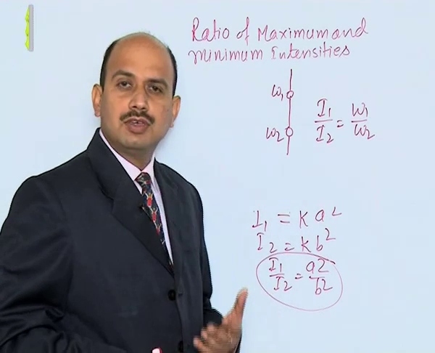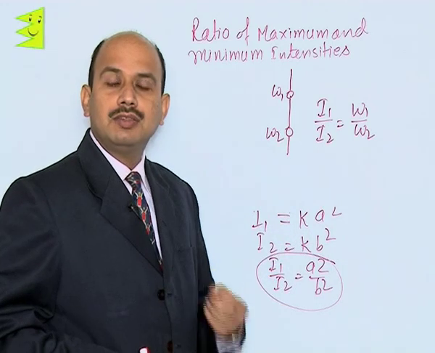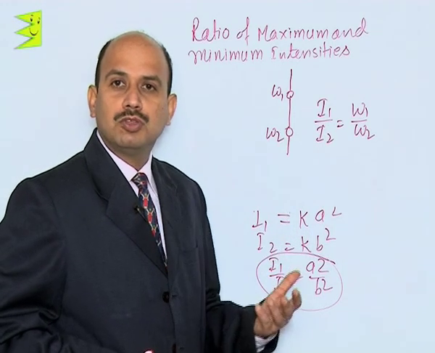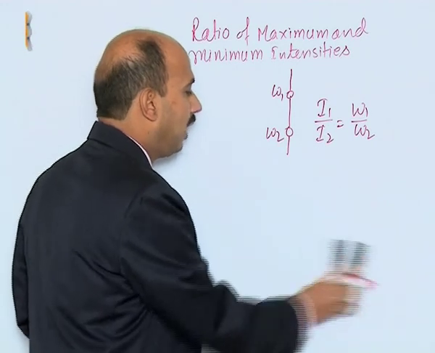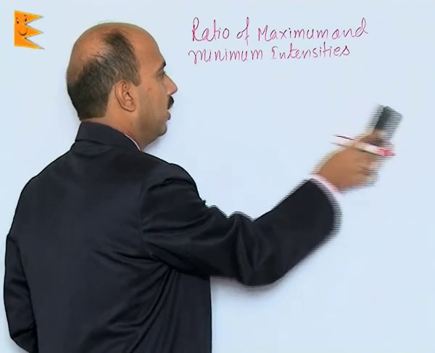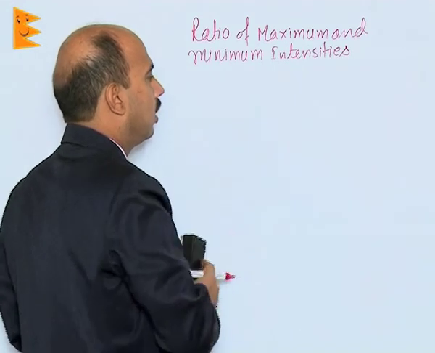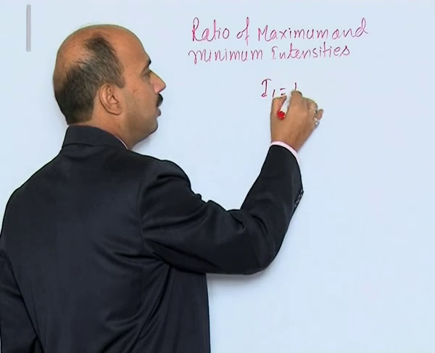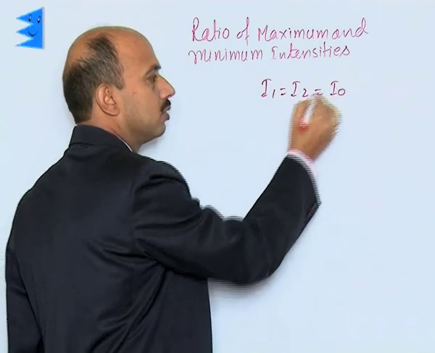Now, let us take the example when the intensities of the light coming from both the sources are equal. What will happen to the resultant intensity? Suppose I1 is equal to I2 is equal to I naught.